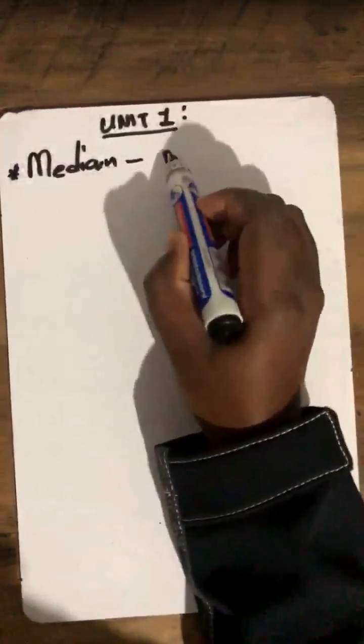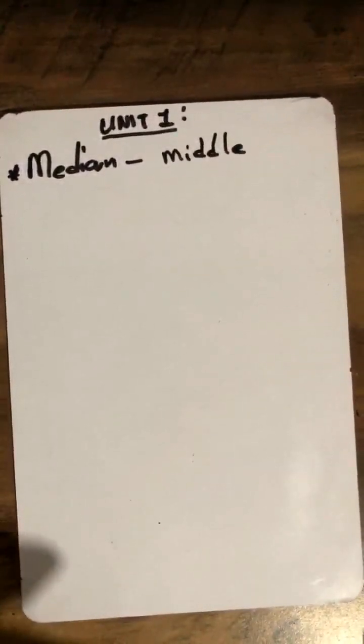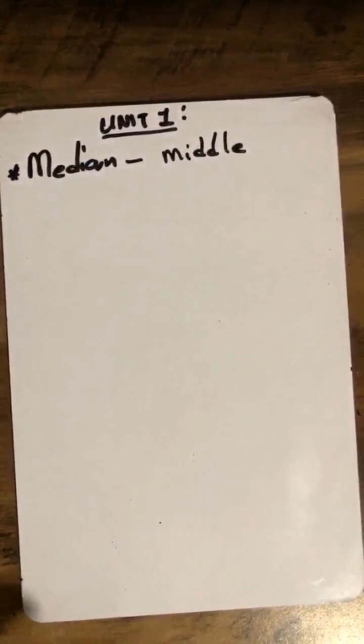These words are actually self-explanatory, the honorable members. Median simply means middle. Median, middle. So when we talk about the median, we talk about the middle value, the honorable members, in a sample group which is arranged in ascending order.